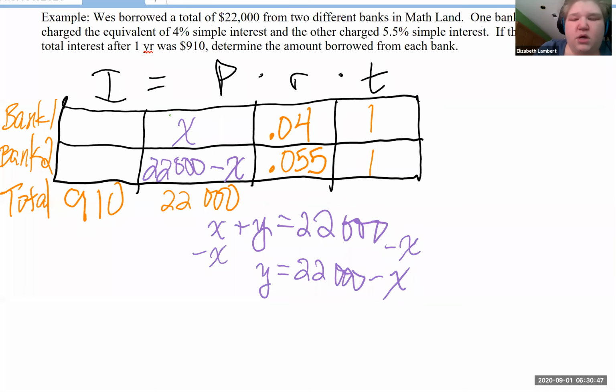So I multiply those, and I'm going to write it over here. So 1 times 0.04 is 0.04. I don't know what X is, so I'll just write 0.04X. This one's a little uglier, but the 0.055 times that guy. This is why having Y would look easier.